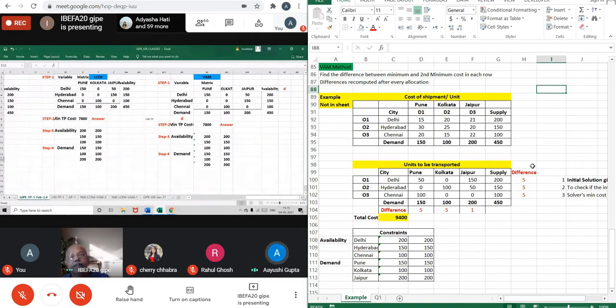Sir, can you please explain the VAM method again? In VAM, difference, that is what you have to do. You have to find the difference between minimum and next minimum of the cost. So which was 5, 5, 5, 1, and 5 and 5 initially.